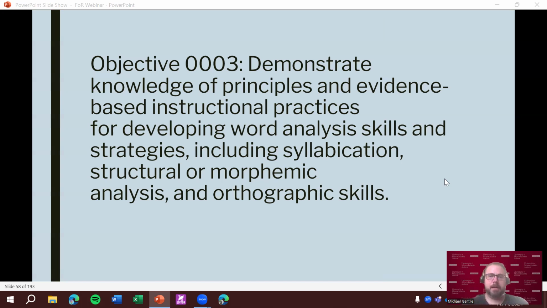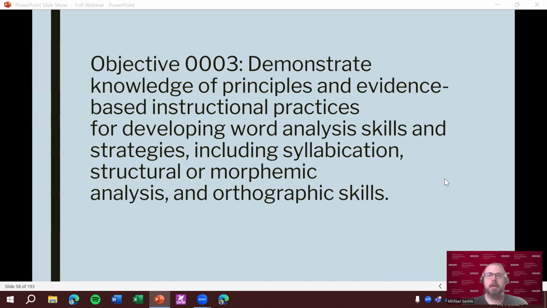We're still going to be talking about phonics, which is, of course, the instruction of the alphabetic principle. But now we're going to be doing more complicated levels of phonics that get just beyond the simple correspondences.